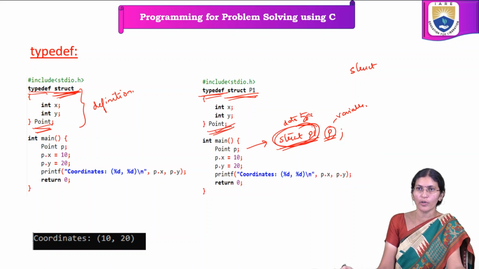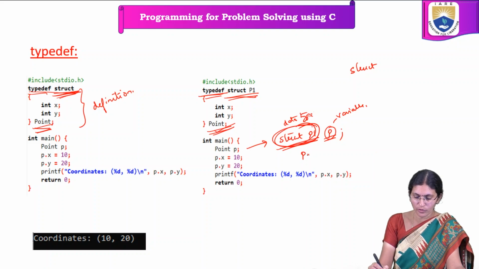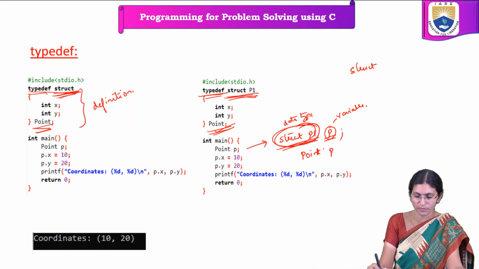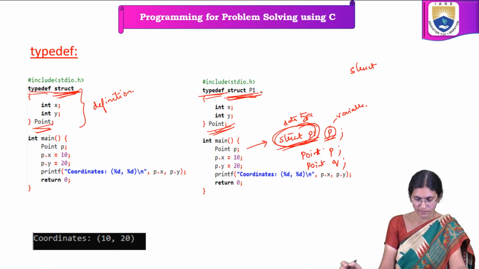Suppose the new name is point. Now every time you want to declare a variable of this type struct P1, we can simply write point P. If you want to declare another variable of this struct P1, we can write point Q. In this way, we can use typedef with structures.